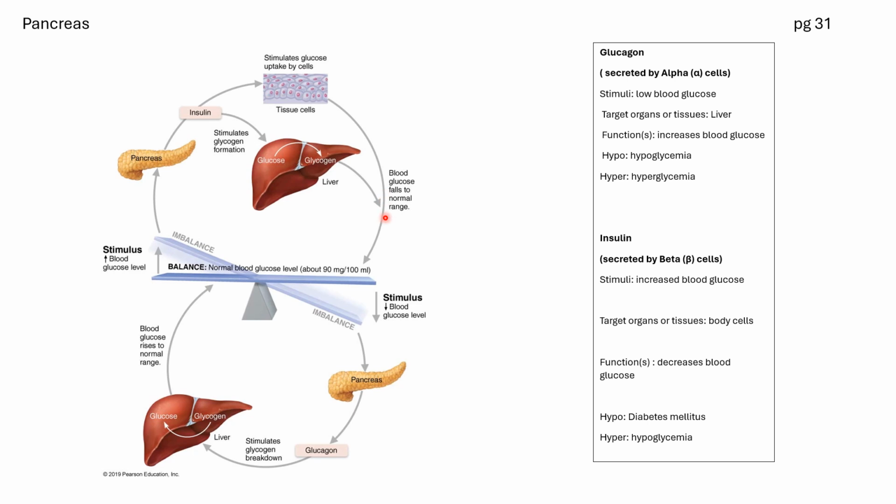And then when a few hours have passed and I have not eaten anything again, my blood glucose levels fall, they become low. Now what happens? The alpha cells of the pancreas secrete glucagon, and that glucagon acts on the liver. An important point to remember here is that glucagon only affects the liver. In the liver, it causes breakdown of glycogen.